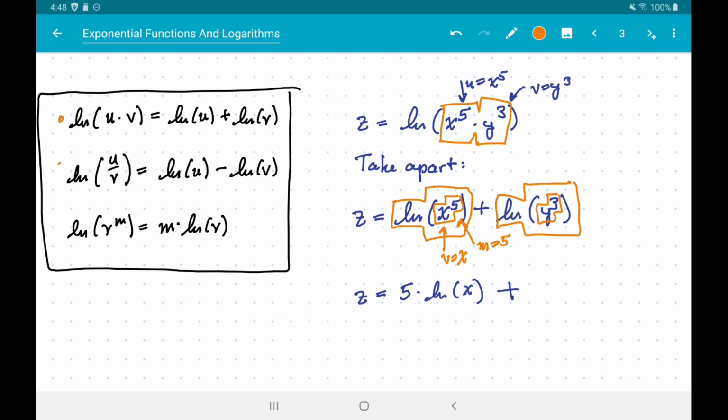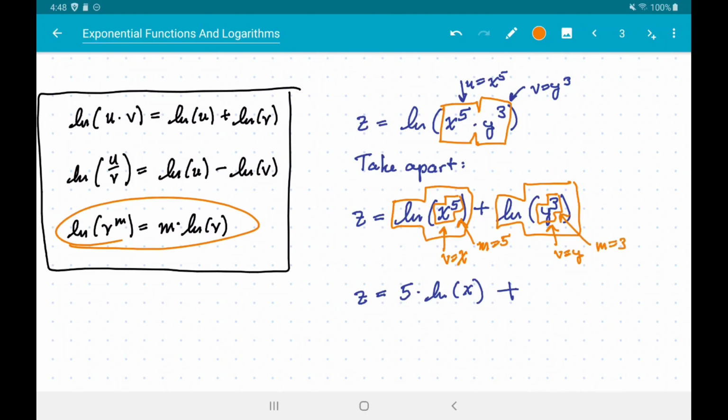So again, of the key properties over here, which one can I use to take apart ln of y to the third? Yep, it's this one again. This time, v is y, and m is 3.